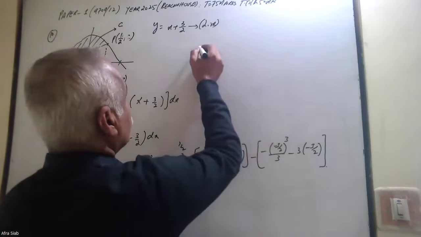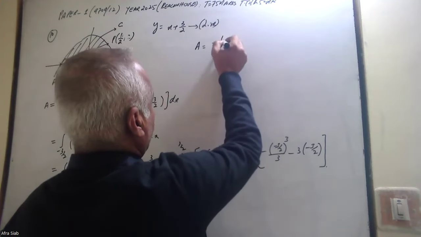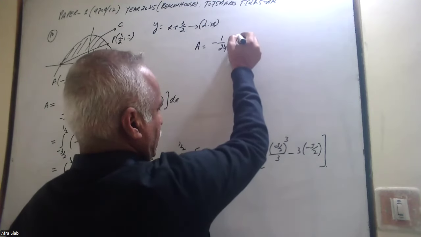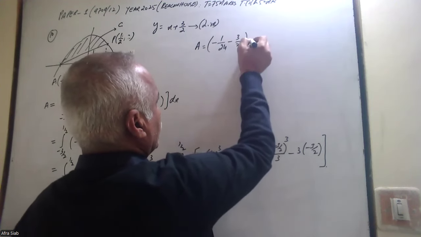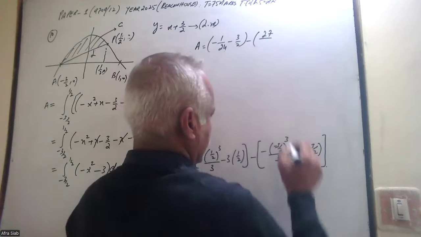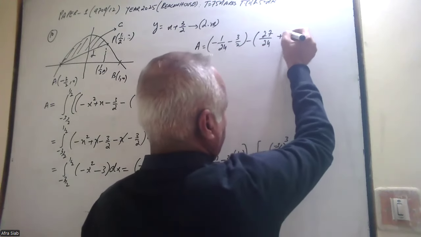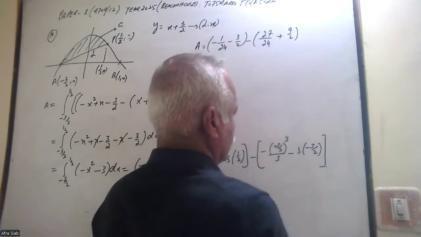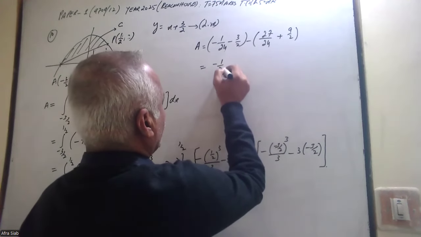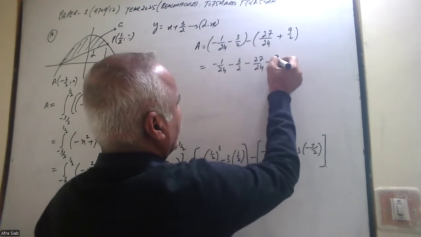So it should be equivalent to minus 1 by 8 into 3, minus 1 over 24, minus 3 over 2, minus, this minus 27 plus those, that is equal to 27 over 8, 3s are 24, minus minus plus 9 over 2, which is equivalent to minus 1 over 24 minus 3 over 2 minus 27 over 24 minus 9 over 2.